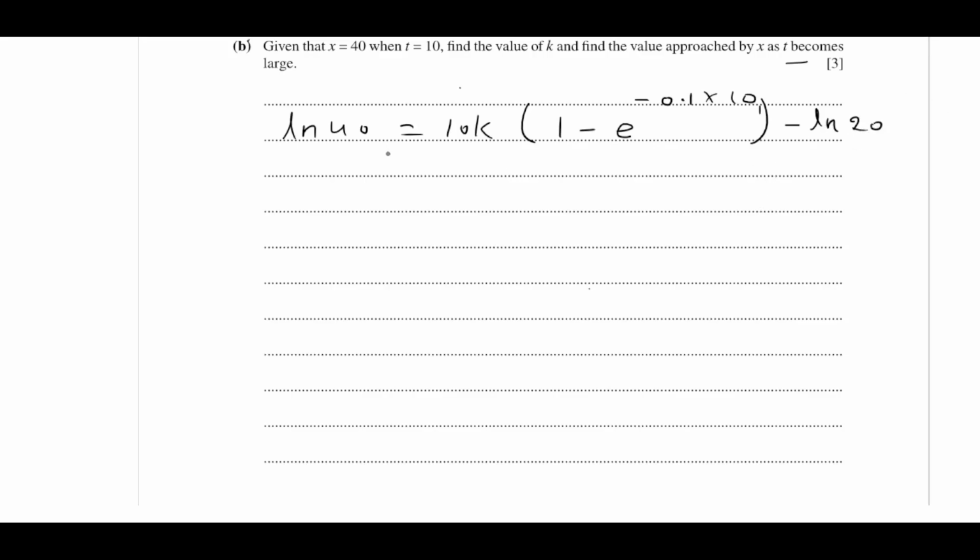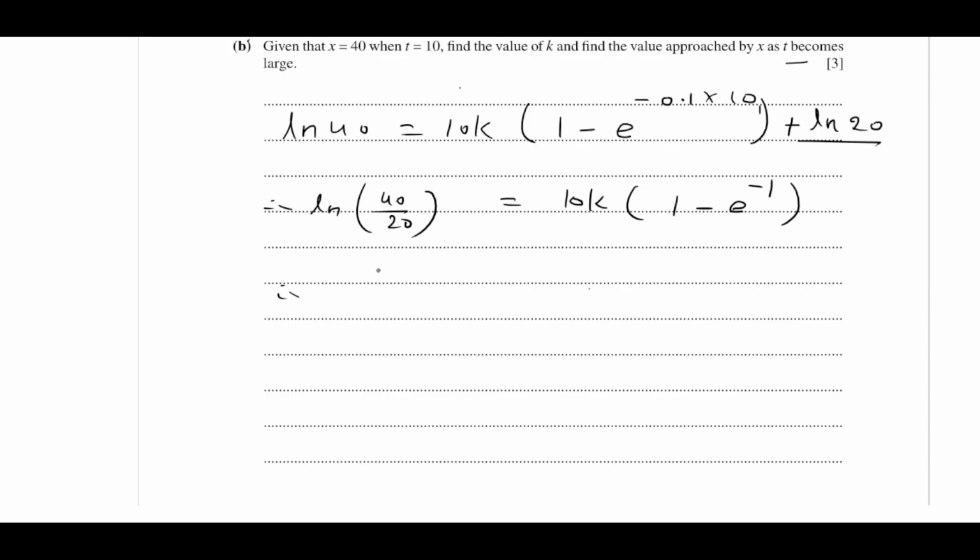So therefore ln 40 divided by 20 equals 10k into 1 minus e power minus 1.